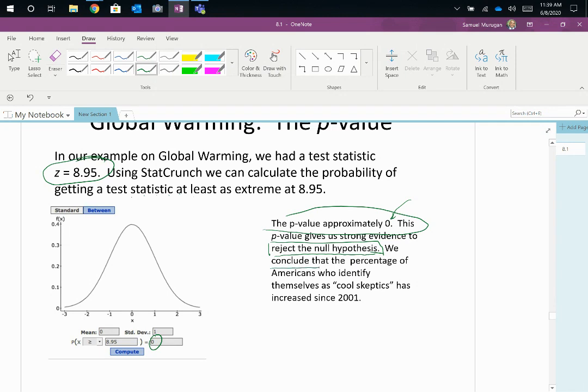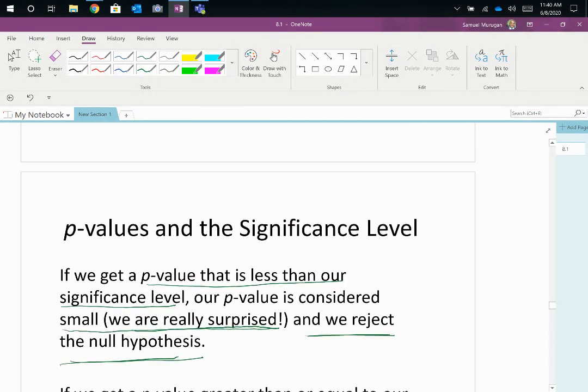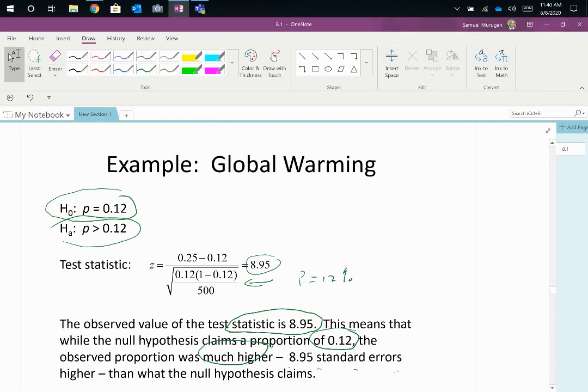We conclude that the percentage of Americans who identify themselves as cool skeptics has increased since 2001, okay, based on a null hypothesis that p is equal to 12%.